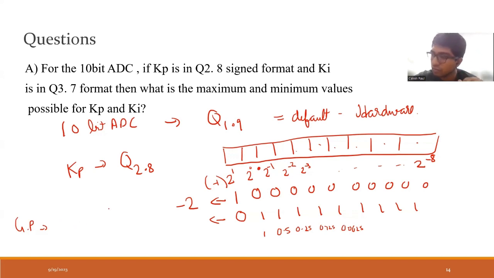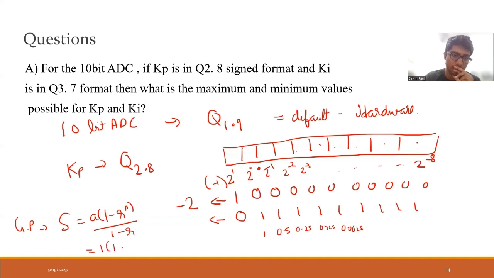Does anyone know the formula? The formula for the sum of a geometric progression is a into 1 minus r raised to n upon 1 minus r. Over here n is 9.